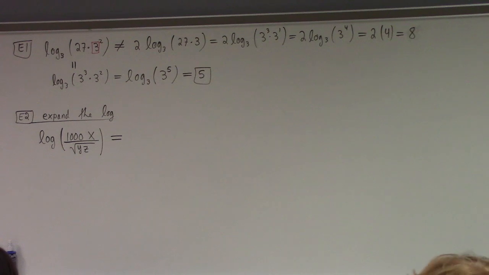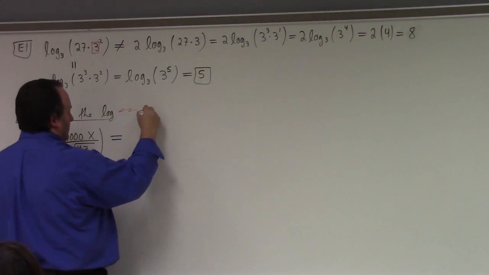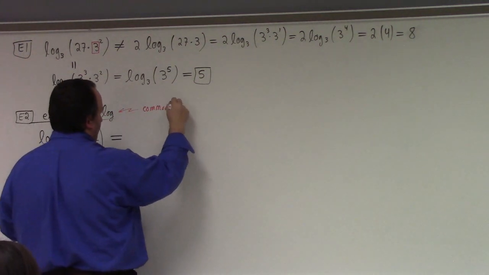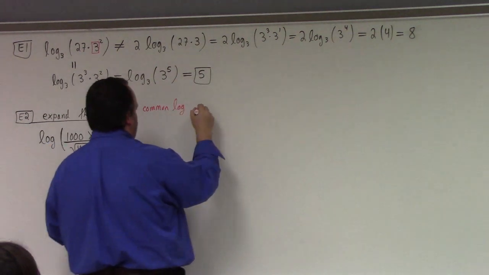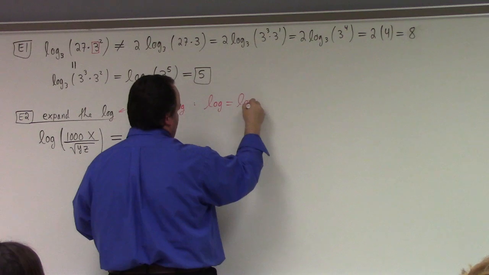All right, I think at this point it's time for me to confess to you that there are two popular logarithms that we need to know about, two common ones. That's kind of an unfortunate pun. In fact, this is the common log, quote unquote common log. And so for us, log is log base 10.